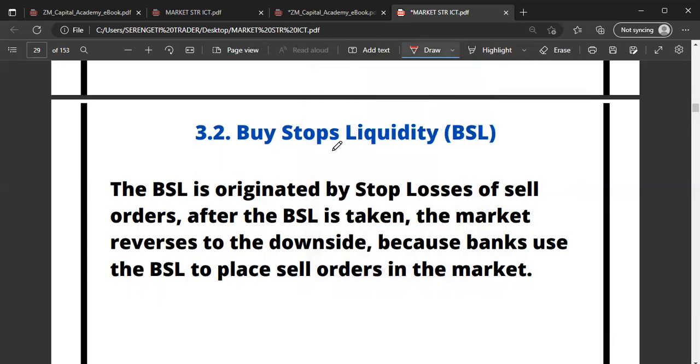It is just like opposite. Where people want to sell is where we call buy stop liquidity. Because we usually sell at premium price and we buy at discount price.